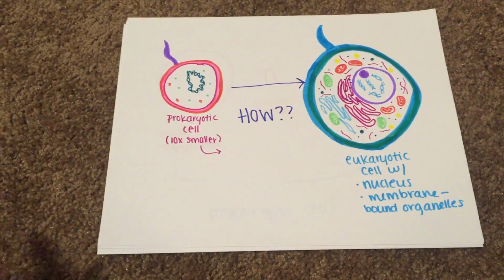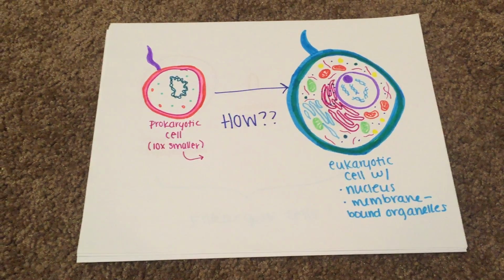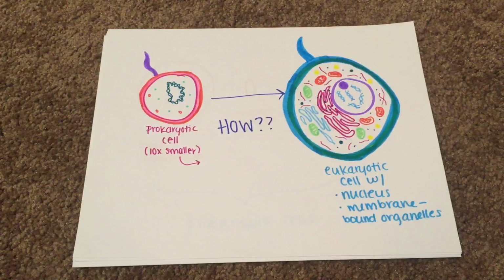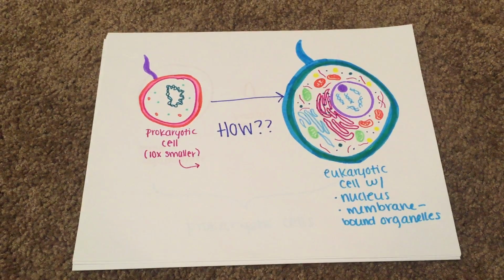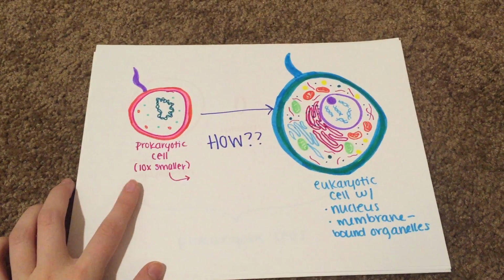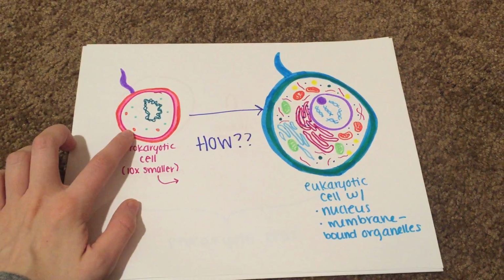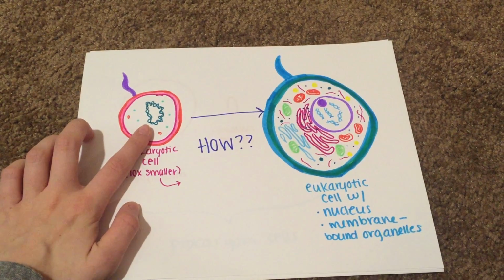So endosymbiotic theory is trying to describe how one prokaryotic cell eventually gave rise to eukaryotic cells with a nucleus and membrane-bound organelles. If you look at this prokaryotic cell, it only has ribosomes and maybe some plasmids, and its circular DNA.